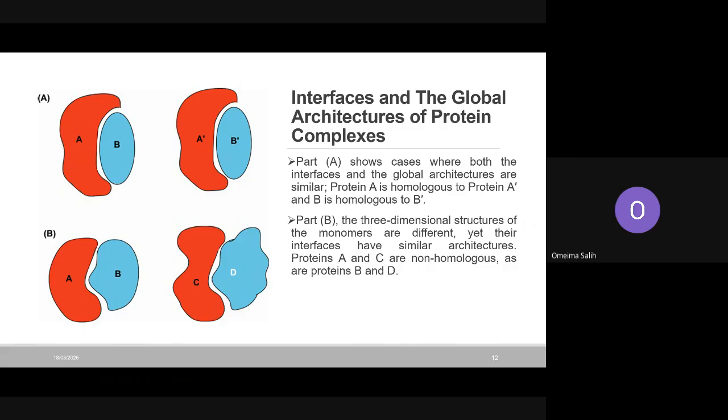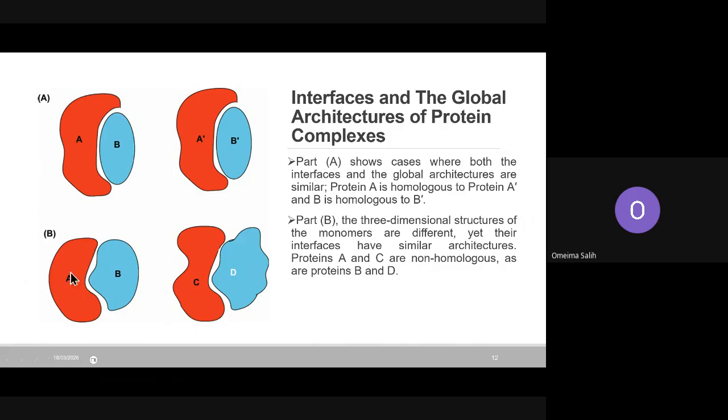As you can see here, B is fitting within the architecture of the conformational structure of the other polypeptide A, and so the conformational structure itself can facilitate the interaction between proteins.